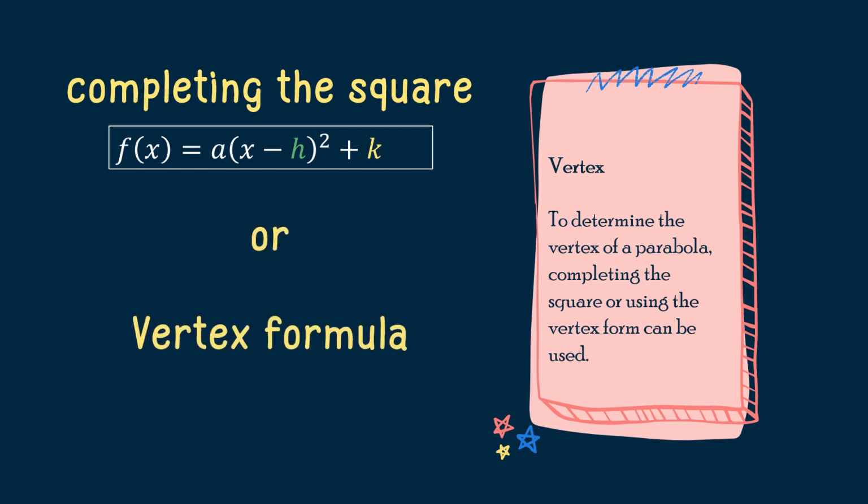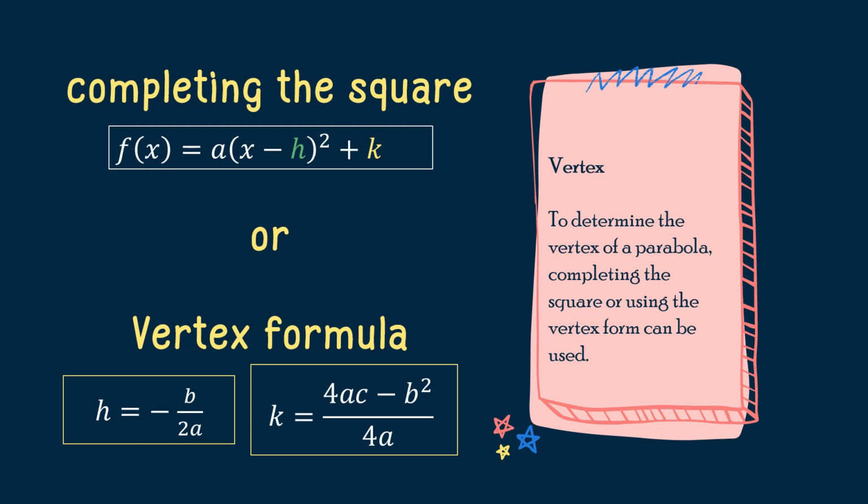Or pwede din naman natin siyang gamitan ng vertex formula, wherein meron tayong specific formula for h, which is negative b over 2a, and sa ating k, which is 4ac minus b squared all over 4a. Okay, so kapag ginamitan natin ng vertex formula, kailangan ay properly nating na-determine ang coefficients ng ating standard form or yung ating values for a, b, and c.